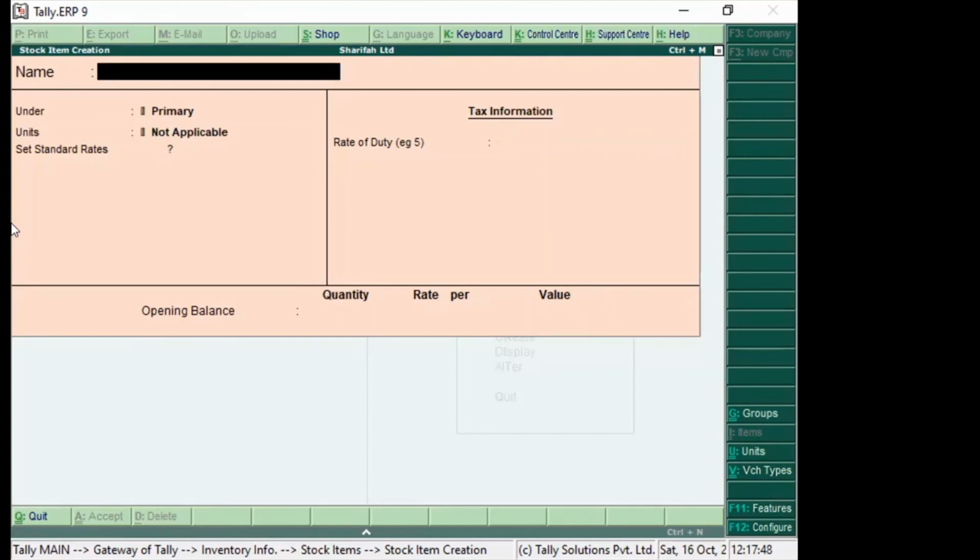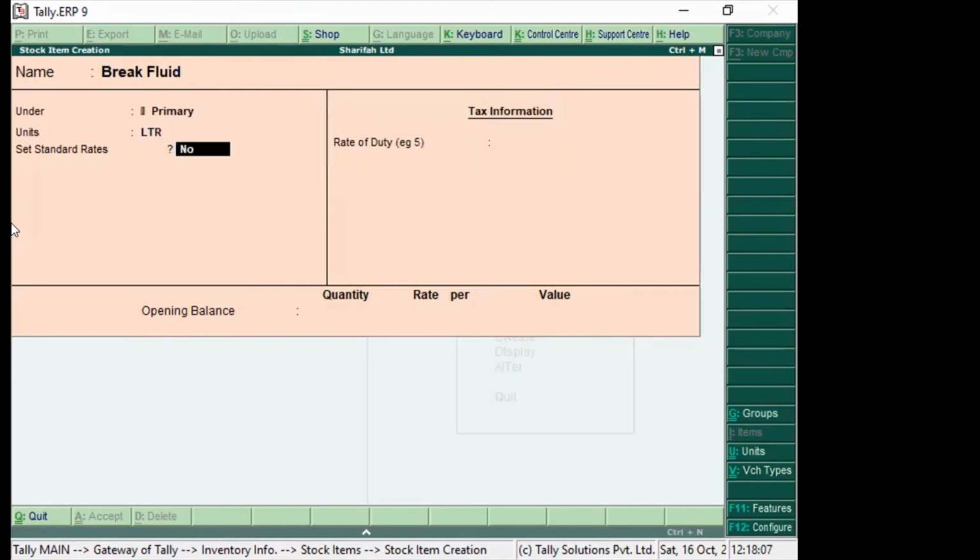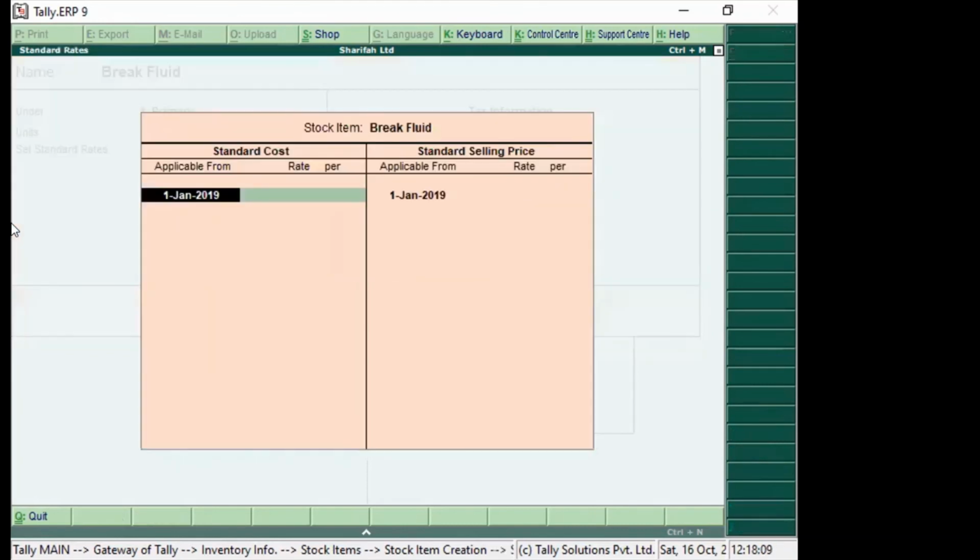We enter another item. Another item is brake fluid. We say yes.